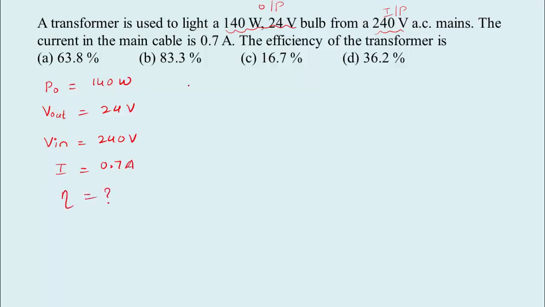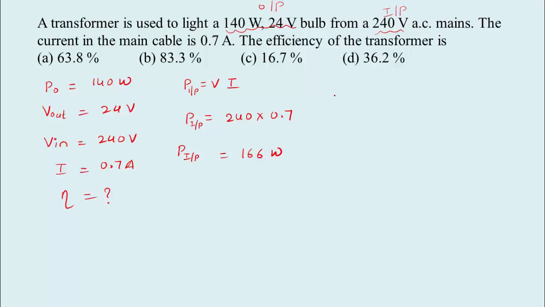We know the equation P equal to VI. For input, P equal to V into I, that is 240 volt into 0.7 ampere. So input power we get is 168 watt.